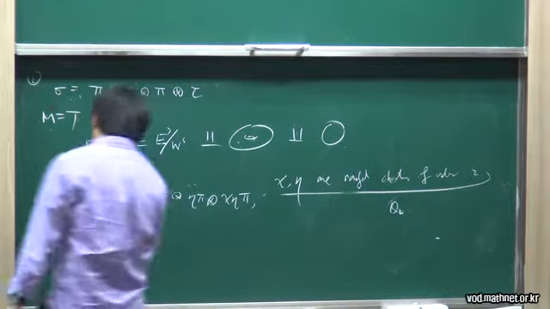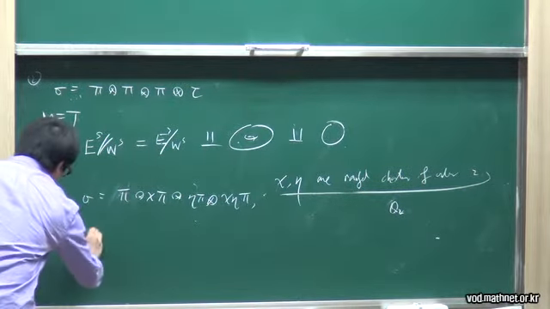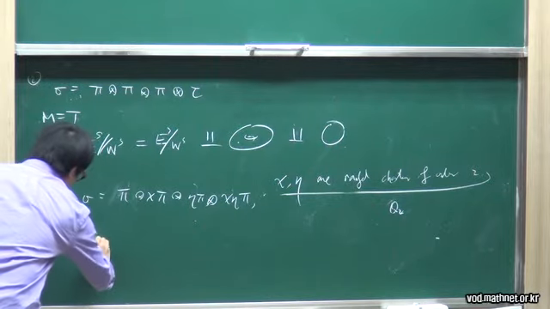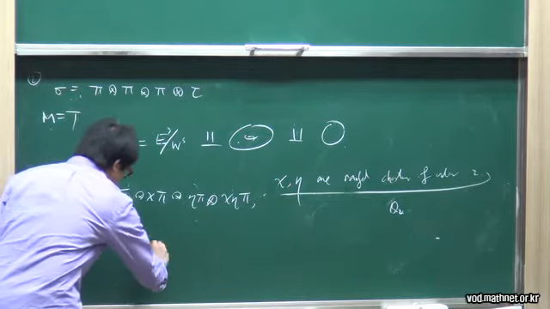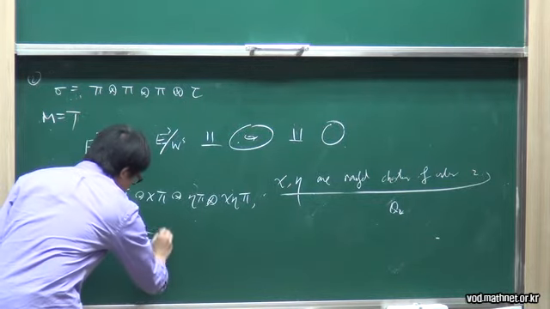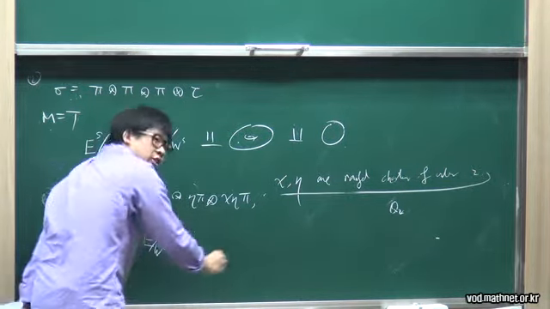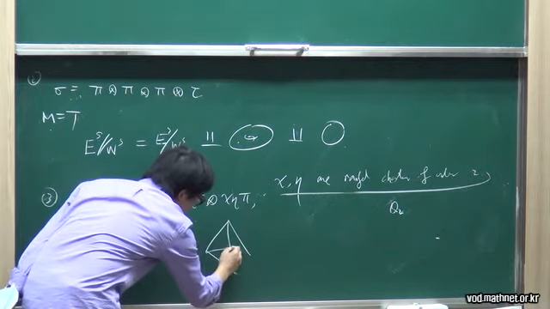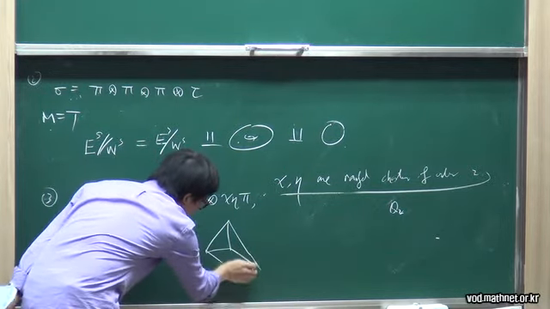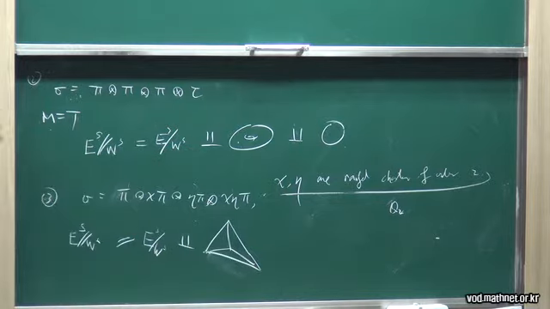In this case, the quotient space is the following. This is the tetrahedron. This is quite funny.